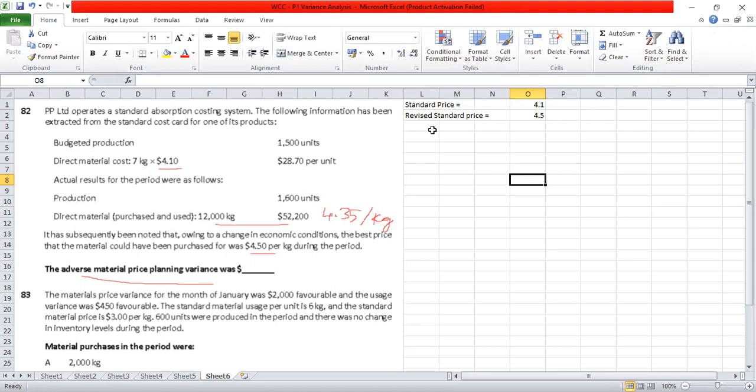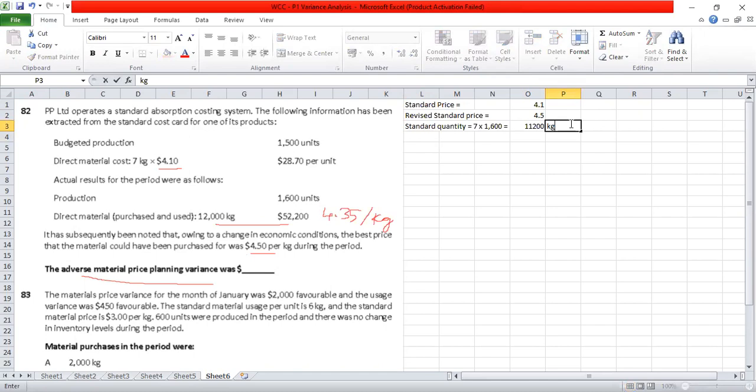So let's write what is the standard quantity. 7 into 1600 units. So that would be 11,200 kgs.